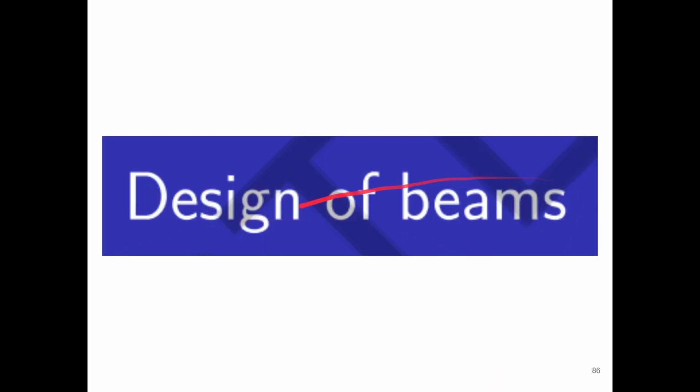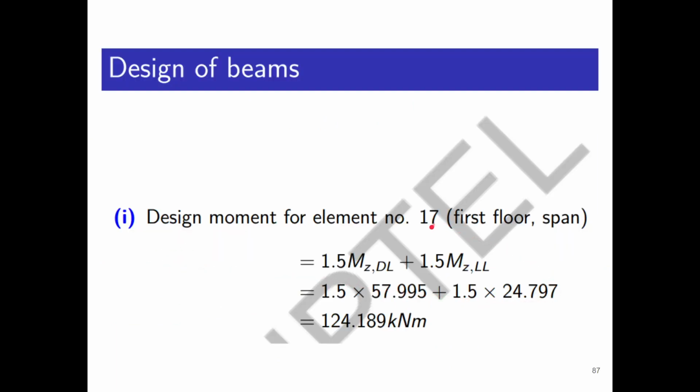Now let us see how to design the beams based on this value. They have found that element number 17 is having the critical value because it is in the first floor. As you go down, the load will be more.